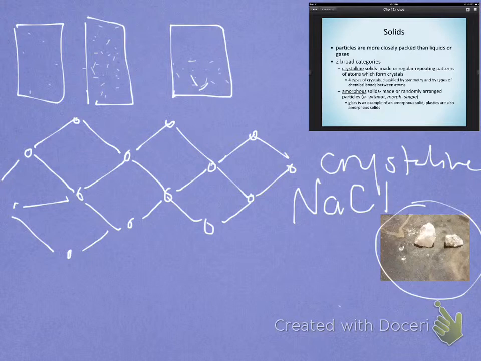And they call this cleavage, and we talk about break planes if you get into minerals and geology. But sodium chloride forms nice, neat squares. It's a 1-to-1 ratio, and they form a 3-dimensional square grid, and that's reflected on the surface of the substance.